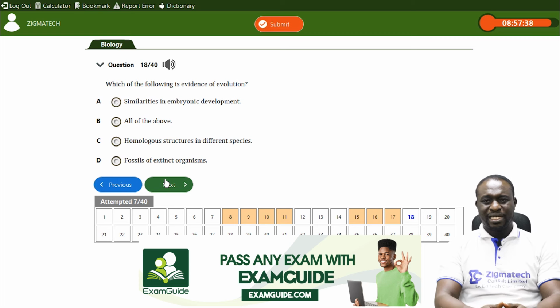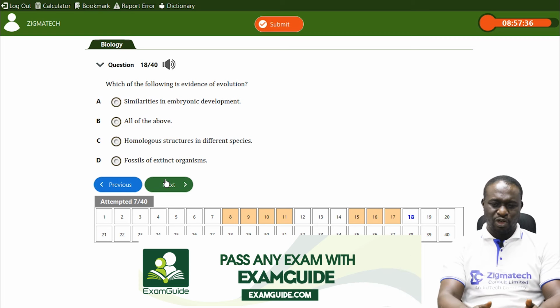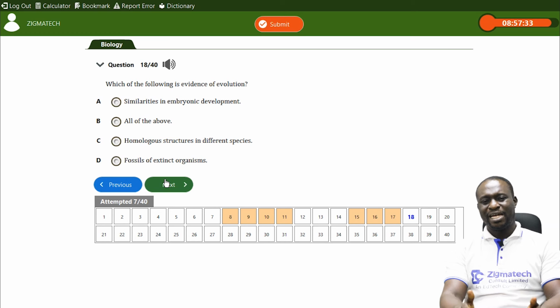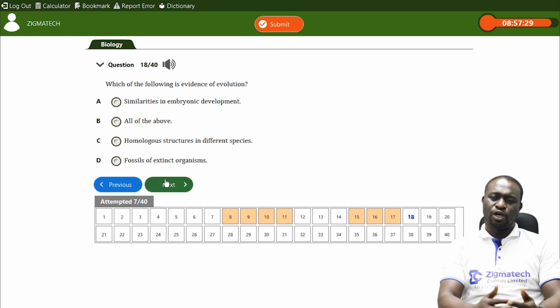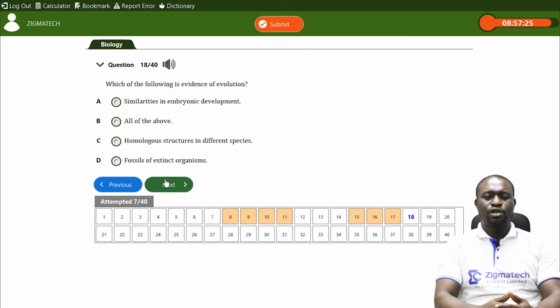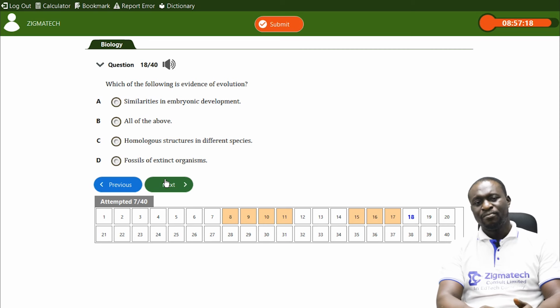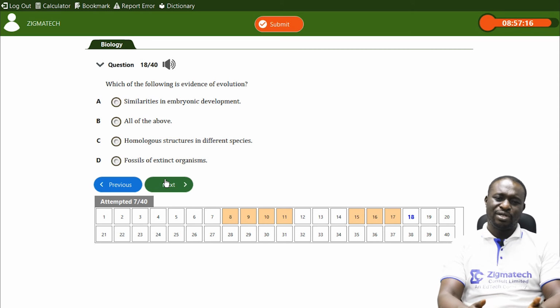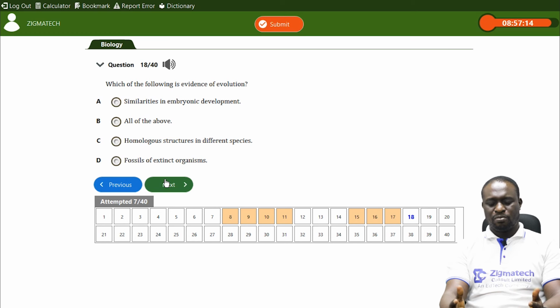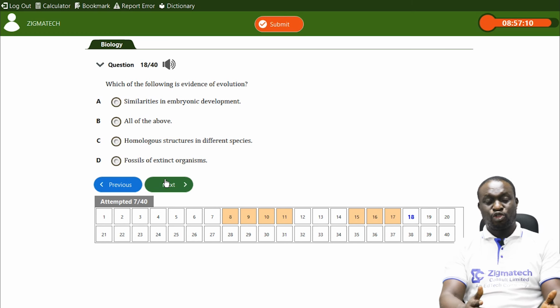Now, option A says similarity in embryonic development. That is simply the evidence of embryology. Option B says all of the above. So let's see other options. Option C says homologous structures in different species. Now, this we can also refer to as comparative anatomy, where we can compare chambers of the heart in different species.